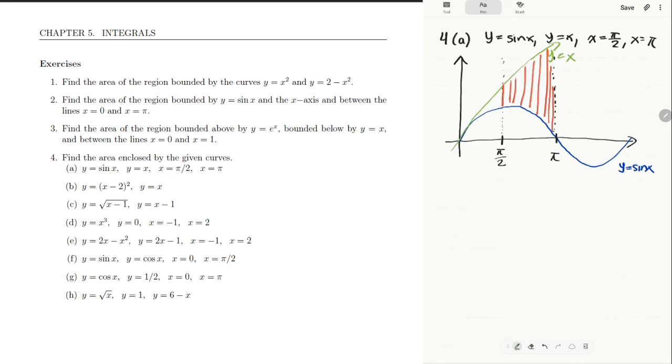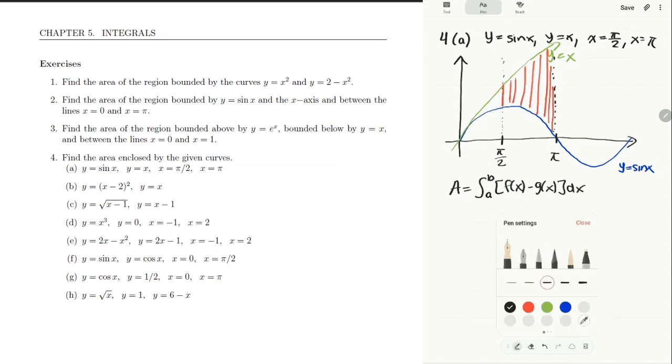And so to find the area, we will determine the integral from a to b of f of x minus g of x dx. So our limits of integration, we're going to integrate between pi over 2 and pi. The upper function is the line y equals x, so we'll call this f of x.